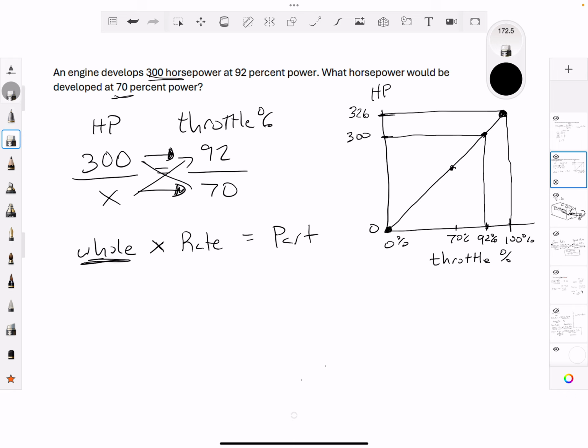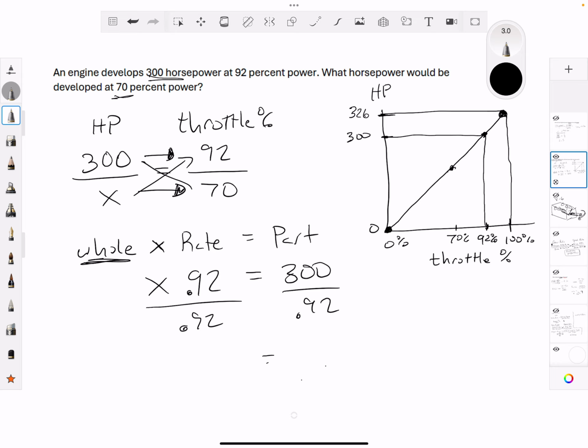We do know the rate in this example is 92. So I'm going to convert that percentage into a decimal, making it 0.92. What I'm looking for is the whole. I'm just going to use an X for that and get rid of the multiplication sign. And the part is 300. So in this case, I need to solve for X. Divide by 0.92, divide by 0.92.